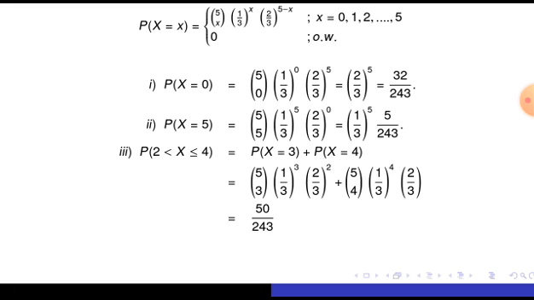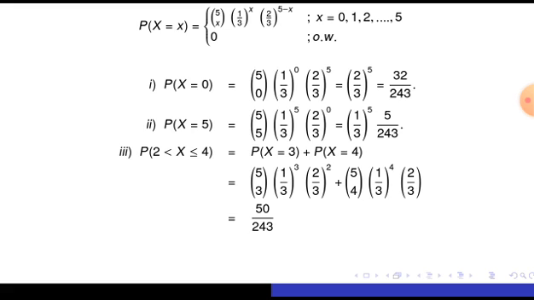NC0 is always equal to 1. Anything raised to 0, it is also 1. So first two terms, that is 5C0 is 1, 1 divided by 3 raised to 0, it is 1. So it is 1 into 1 into 2 divided by 3 raised to 5.